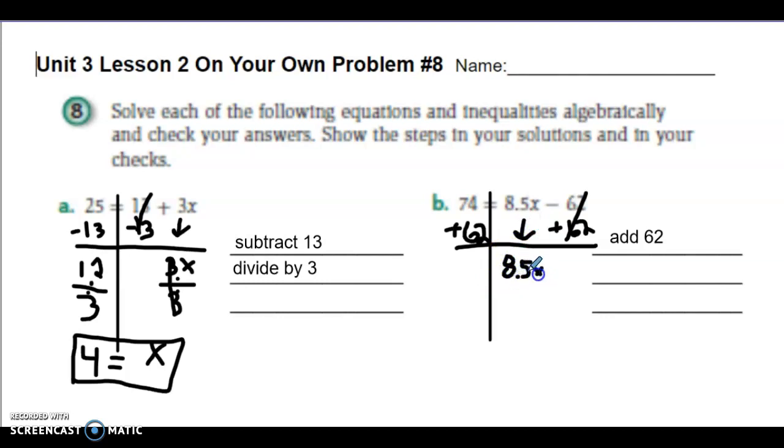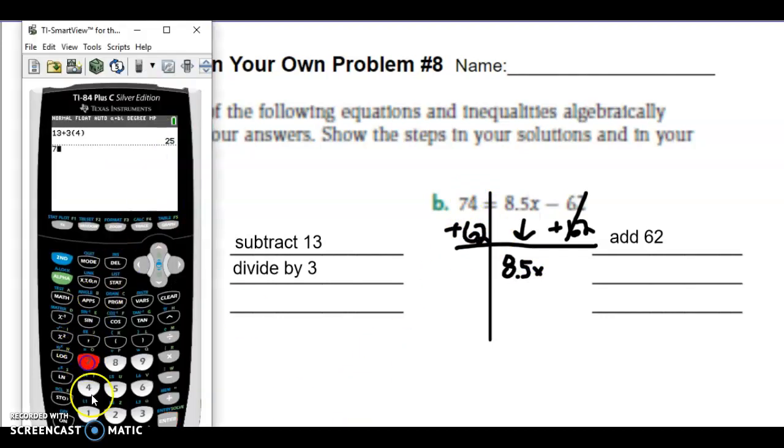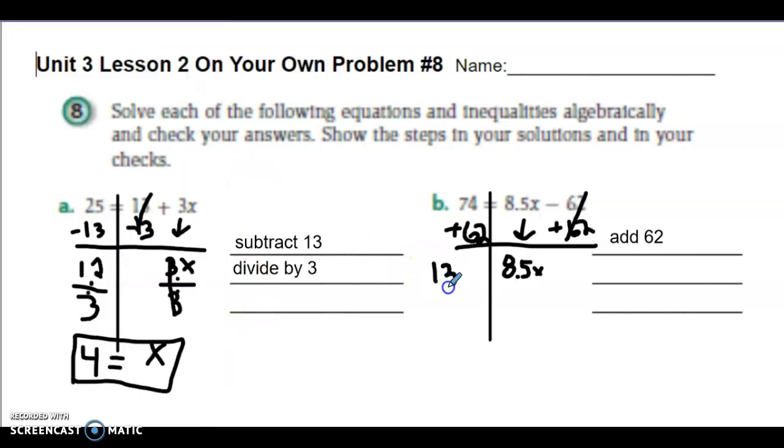x, and 74 plus 62, we're just going to add those up. 74 plus 62 equals 136. So now our equation reads 136 equals 8.5x. This is 8.5 multiplied by x. The opposite of multiplication is division.